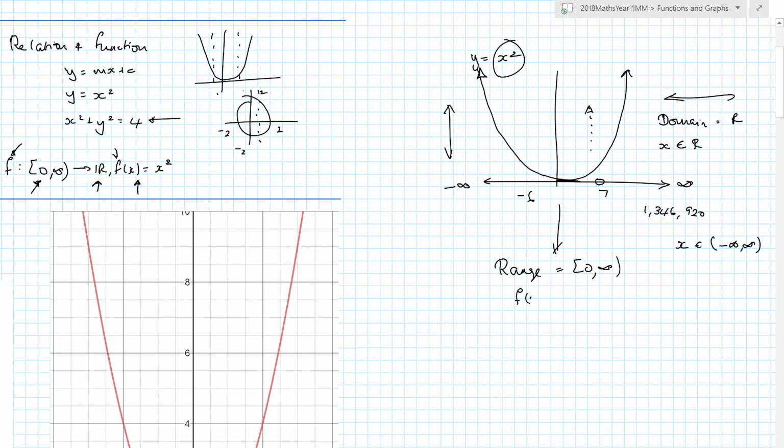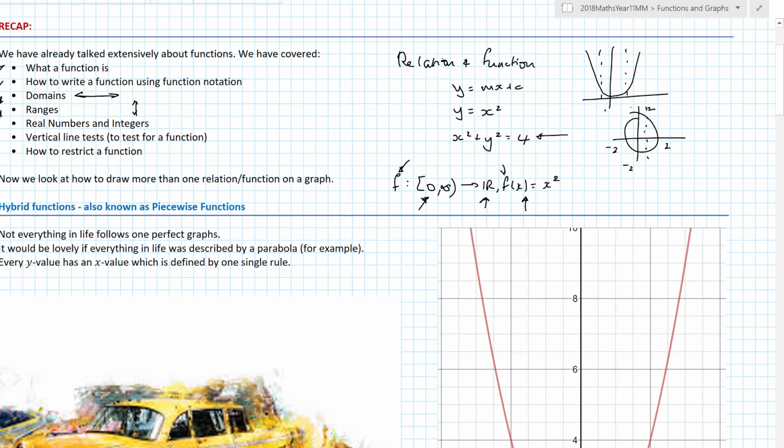We could write f of x is within a subset of 0 to infinity. Or we could use real number notation by saying R plus or 0, because we have to include the value of 0. So this here is all positive real values, but 0 is neither positive nor negative, so we have to say or 0.